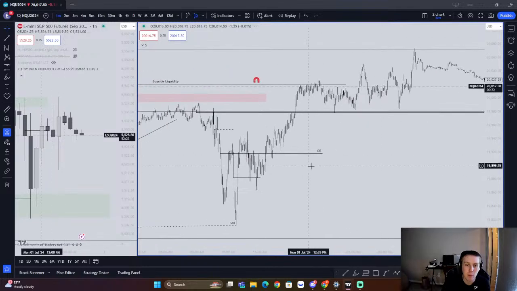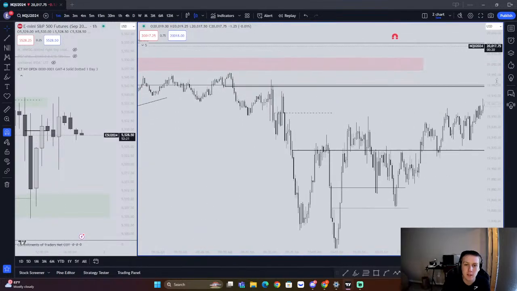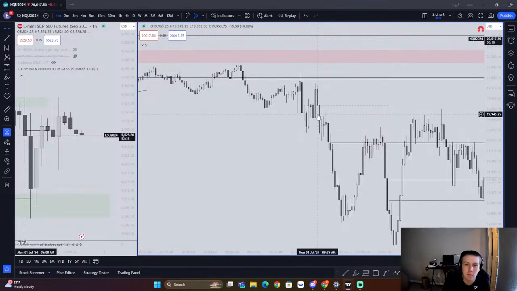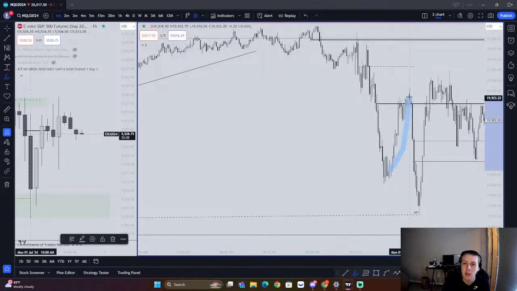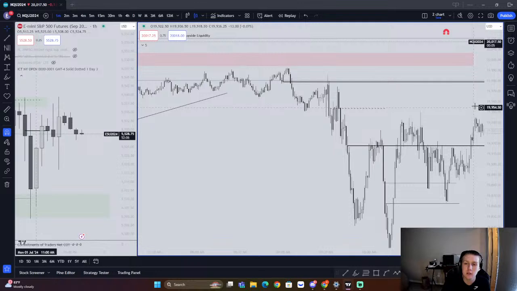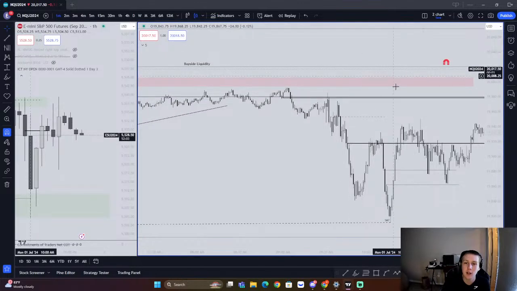We have our bias established. We get displacement, fair value gap, order block, boom. And then what do we draw into right here? 9:50 macro does give us a retracement and then another. This is just an engineered higher. And I'm not gonna lie, I kind of wanted to see these highs, but I wanted them too early.